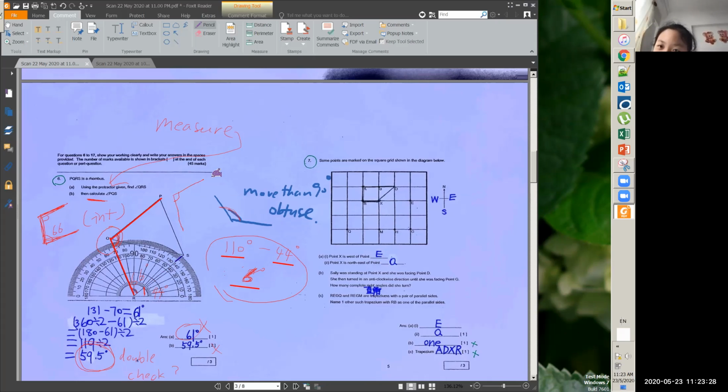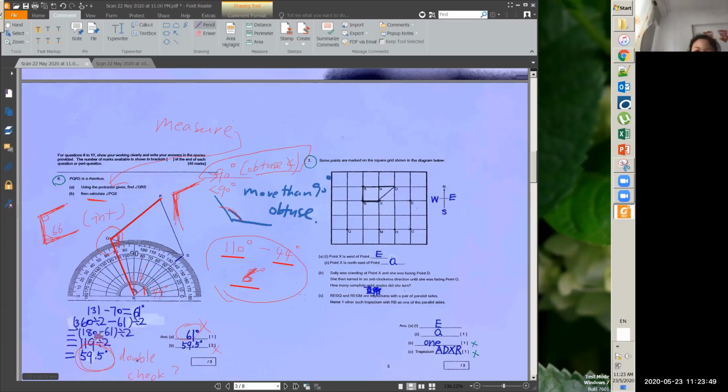Is it bigger than 90 or smaller than 90? Bigger, okay. So it's bigger than 90, so that means it has to be an obtuse angle, right?